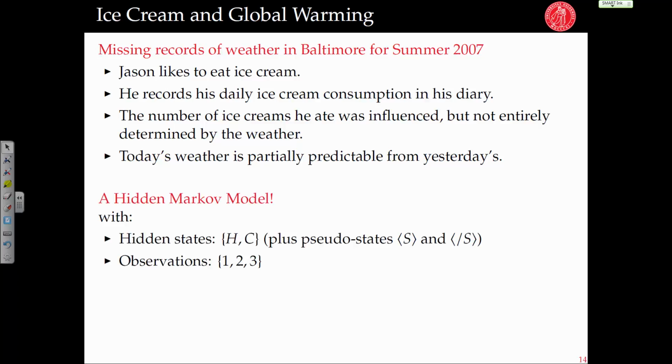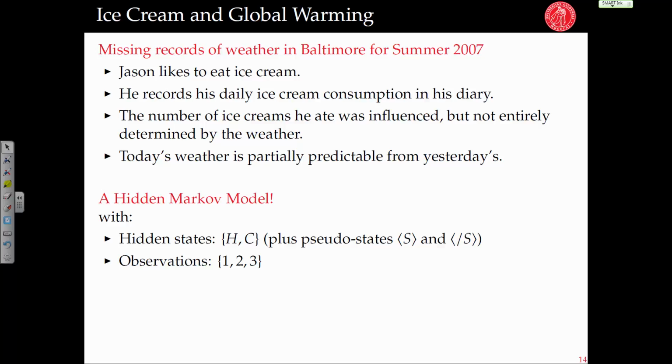So if we formulate this problem as a hidden Markov model, we define our hidden states, the things that we want to predict, as hot and cold. So this is how much we are interested in temperature. It's either hot or cold. And we will have then two states plus two pseudo states, the beginning of the sequence and the end of the sequence.